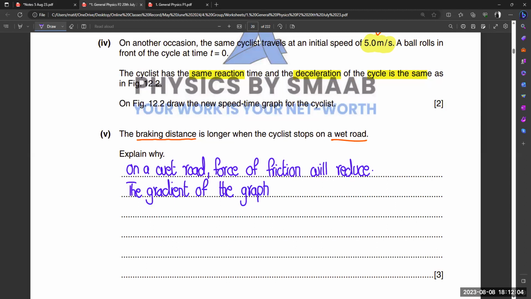Actually, you may also explain that the gradient of the graph will be less steep because it will take more time to stop a vehicle on a wet road. Because if you just write the scientific term gradient of the graph, gradient itself is a complete concept, so we are not going to explain that complete concept. Sorry, less steep.